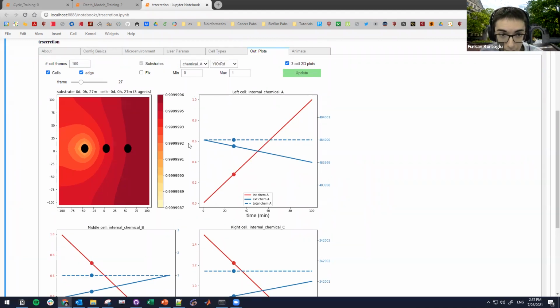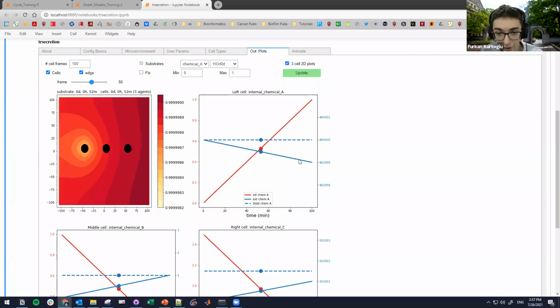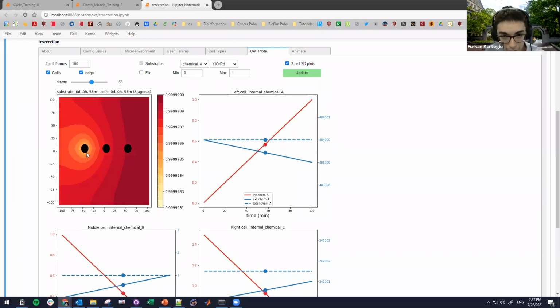This is showing the internal amount, not a concentration. The internal chemical A is increasing over time. The normal line is the total extracellular substance, and the dashed one is the total whole domain, also including the intracellular.